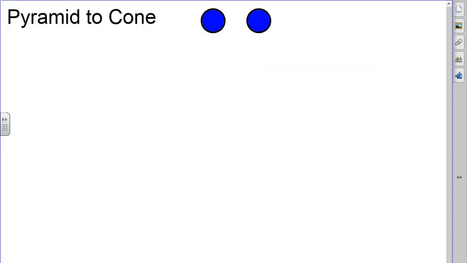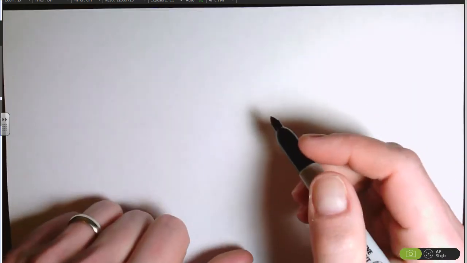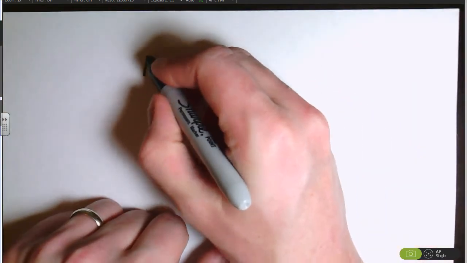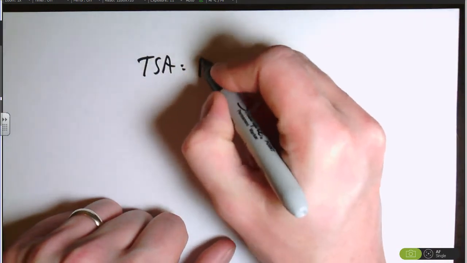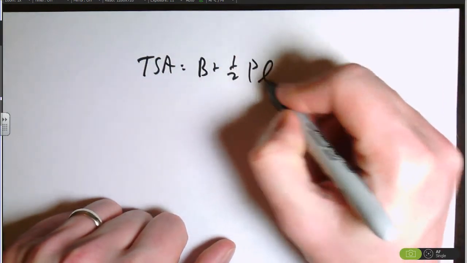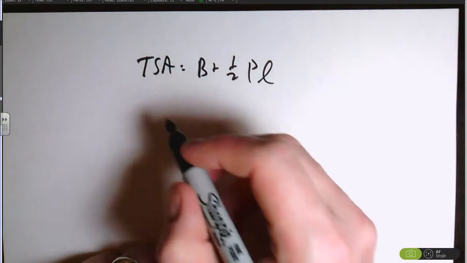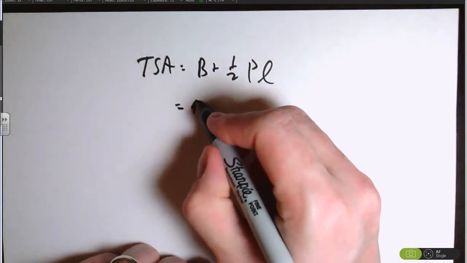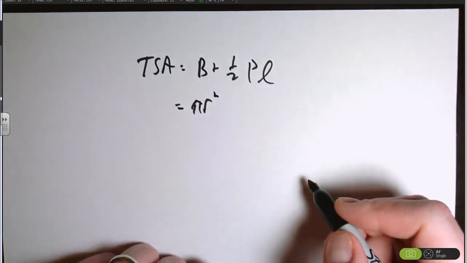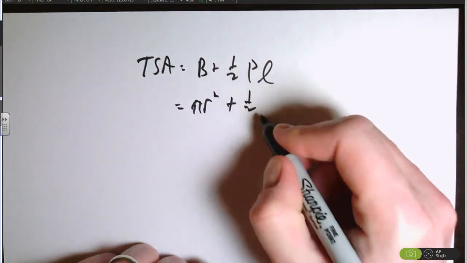Now, if it's a cone, this might seem like some kind of magical mystery, but what you realize is that a cone is really a lot like a pyramid, except the base is now a circle. So if the formula for a pyramid is total surface area equals area of the base plus 1/2 perimeter of the base times the slant height, for a cone the base is a circle, so pi r squared, plus 1/2 the perimeter of the base.